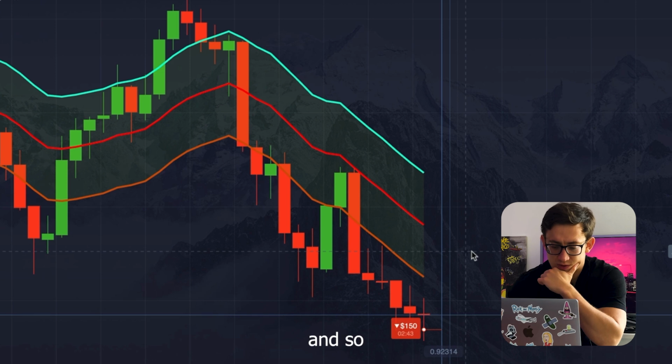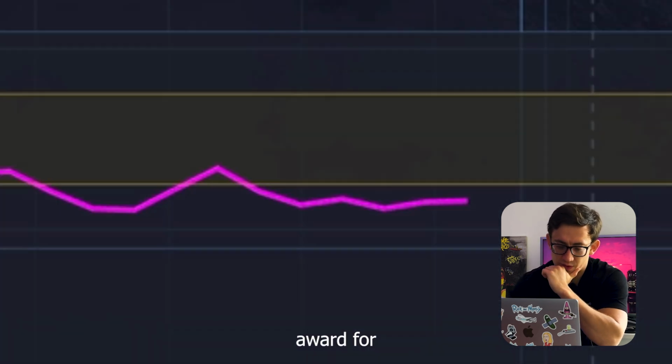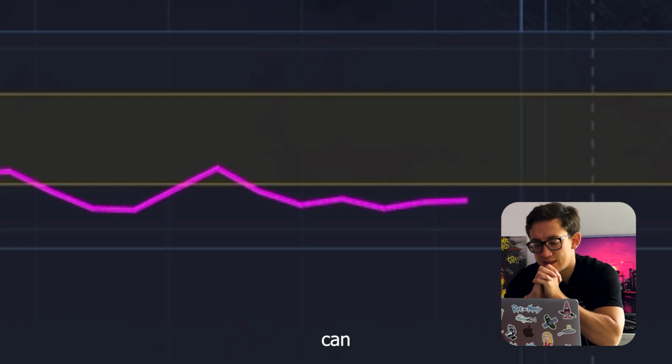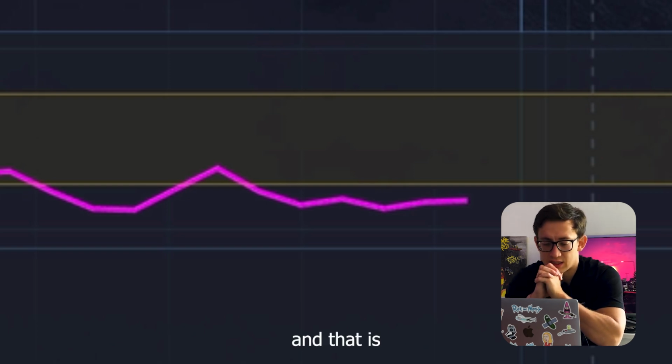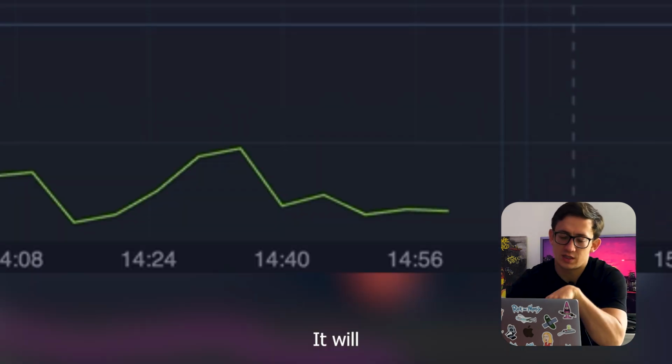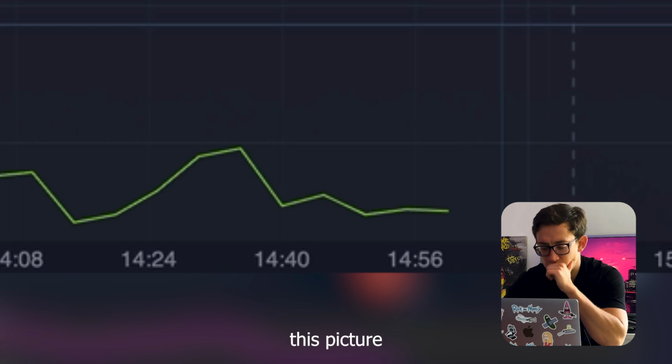And so if you watch the CCI indicator, we can see that this line is in the downward zone. It is a signal for a downward position. If we watch Bull's power, this picture is the same as the CCI indicator. Bull's power shows us a downward direction for this line.